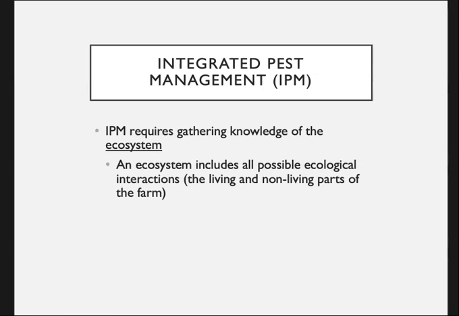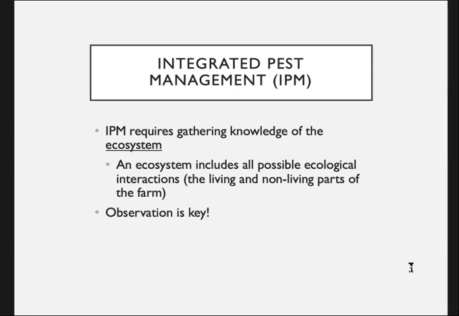Another important part of IPM is going to be observation. And this involves gathering information about the different parts of the ecosystem. Being a good observer means monitoring or scouting your plants regularly, gathering data so that you can make informed decisions.